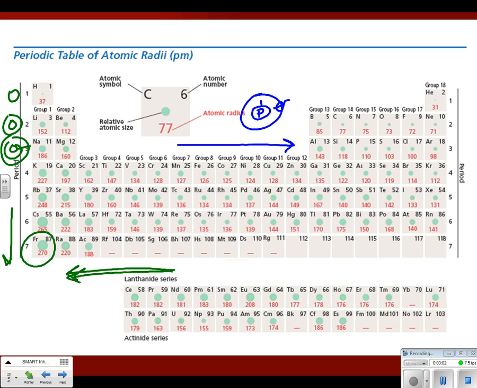Protons are positive and electrons are negative. Positives and negatives attract each other just like opposite ends of a magnet. So as you get more positives and more negatives, you get a stronger attraction. So it's like having a stronger magnet. It's actually pulling these electrons in tighter. So that's why as you go to the right, they get smaller.